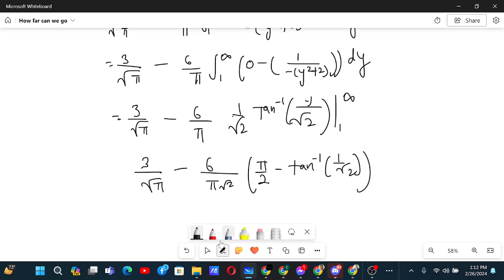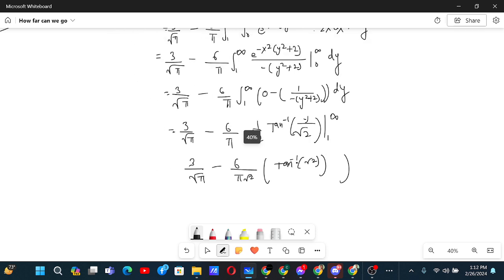Now tan inverse 1 by root 2 is just cot inverse root 2. Again, pi by 2 minus cot inverse root 2 is just tan inverse root 2. So tan inverse root 2.